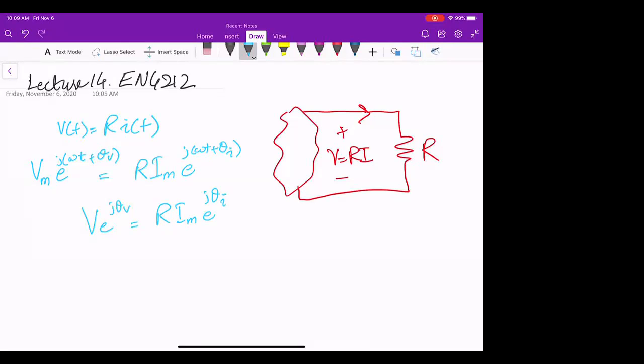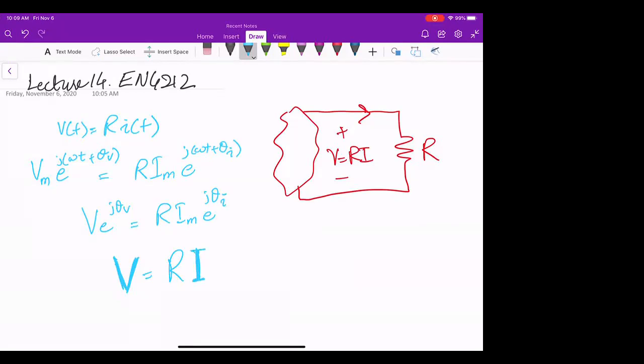Okay, and so if we are describing it in the bold form, we are including the phasor in it.